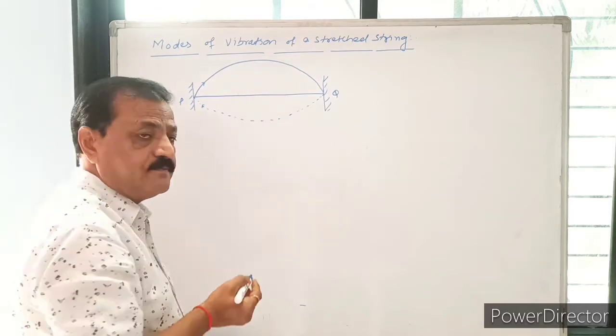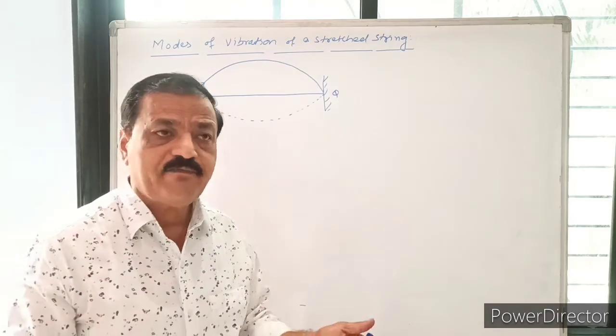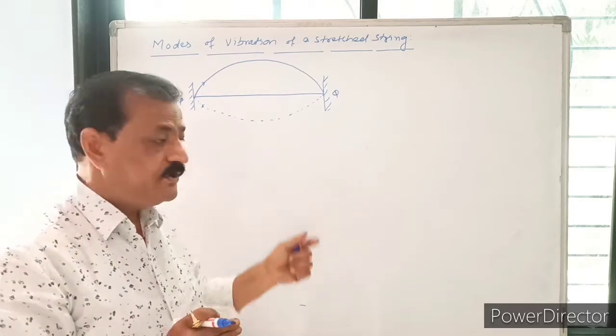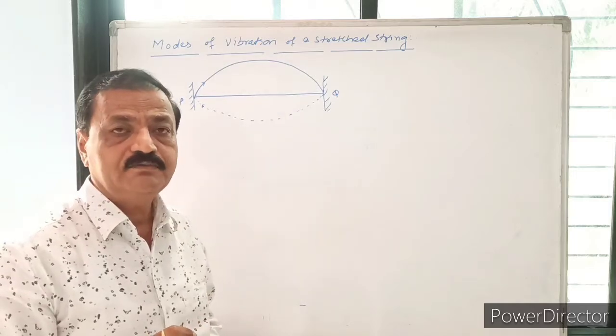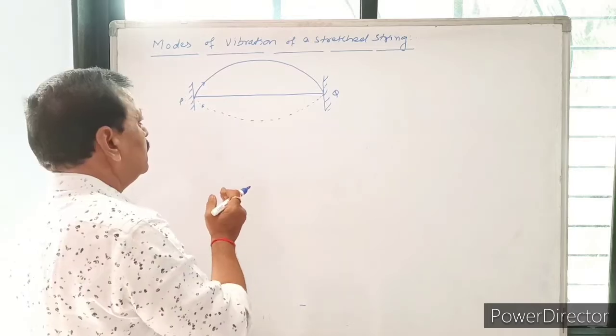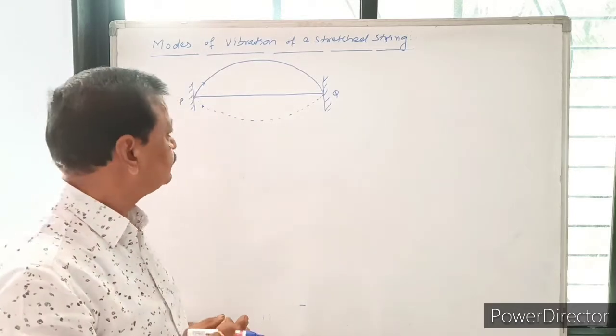Stationary wave means incident wave and reflected wave. These are the incident wave, these are the reflected wave. Incident waves and reflected waves interfere with each other and obtain the stationary waves. That is also called transverse stationary waves.